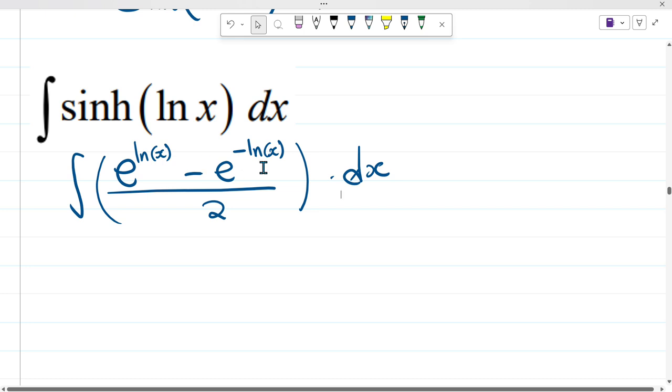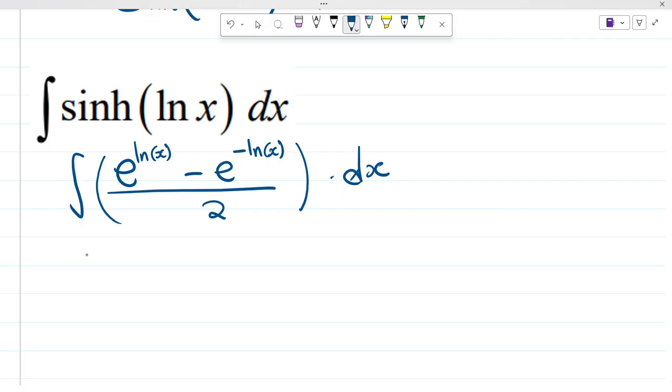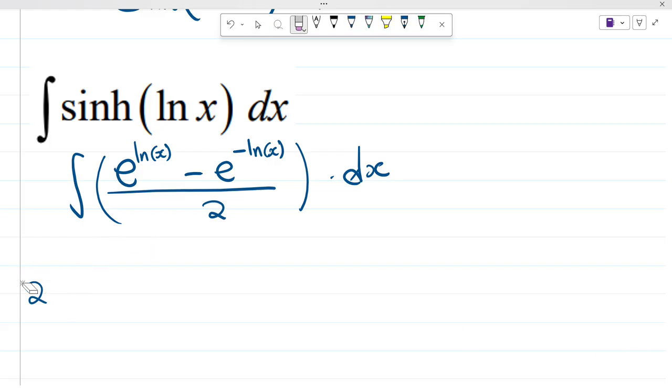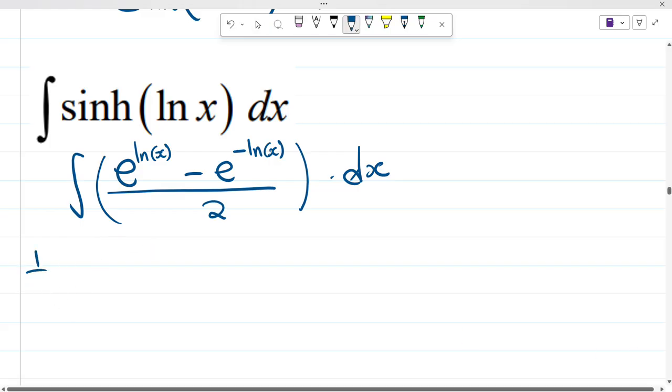Yes, I can differentiate this. That's what I'm trying to say. So what are we supposed to do? We are supposed to rewrite it nicely. So I'm going to take the 1 over 2 outside. Of course, it might still look complicated, but it's not complicated.